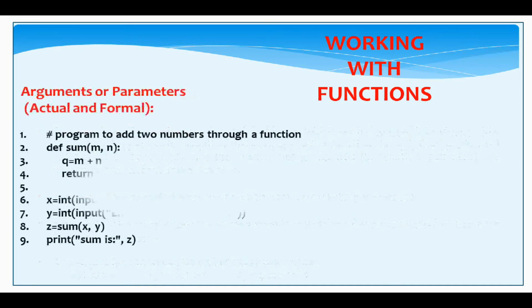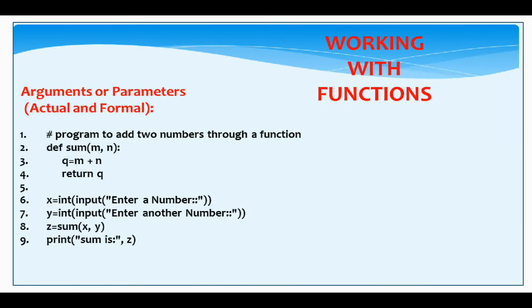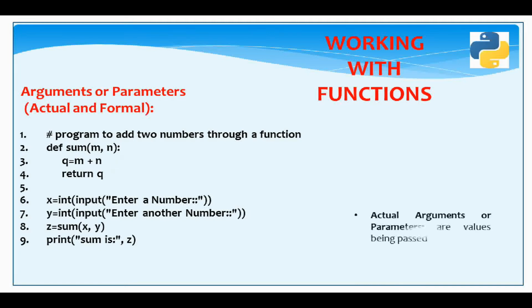Nowadays arguments and parameters are actually called actual parameters or formal parameters. Those values which are being passed to the function at the time of function call are known as actual arguments or actual parameters.